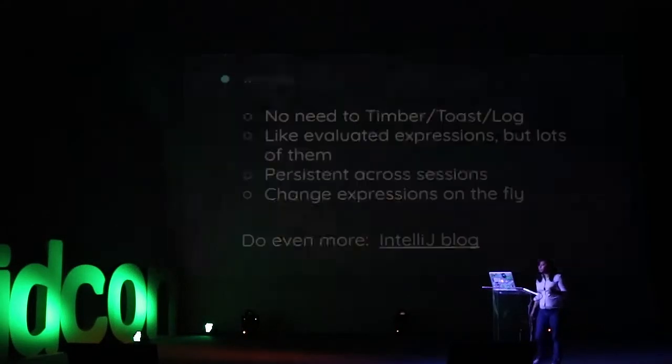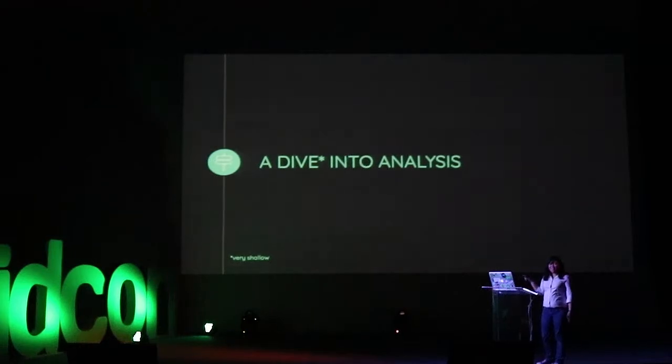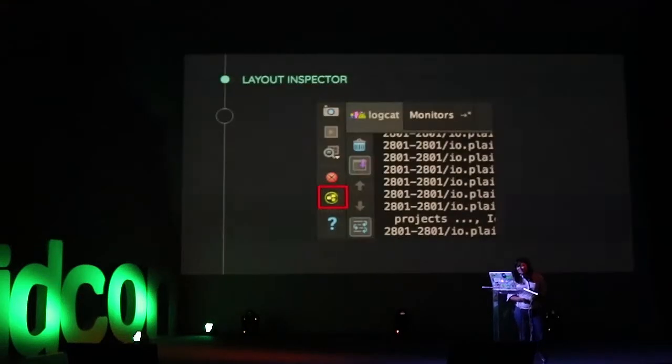So, once you have fixed your bugs, the next bit you might want to do is focus on optimizing your app, or maybe just figuring out what's going on inside it. There is a star, and the very fine text says very shallow. So it's a very shallow dive into APK analysis.